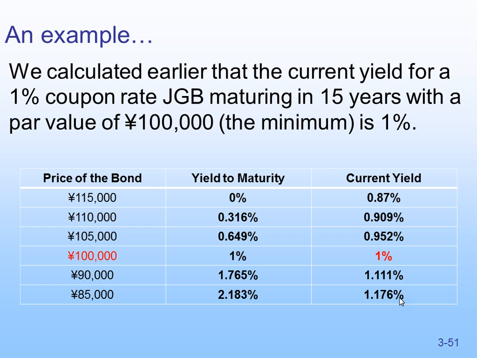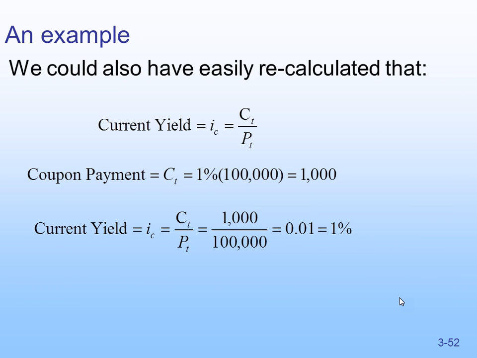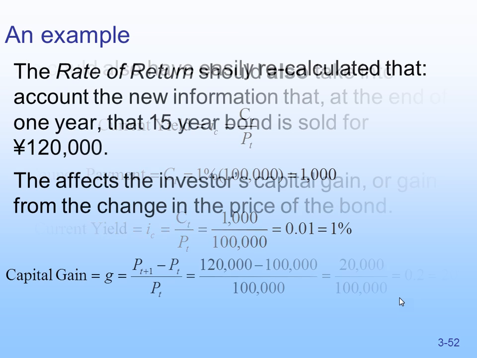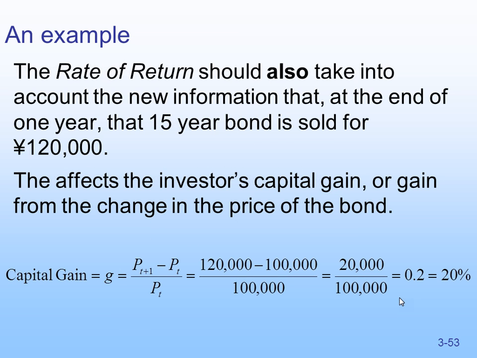We calculated earlier that the current yield, in this case, is exactly the same as the yield to maturity, though it's an approximation. It is 1%. But the rate of return is very, very different.